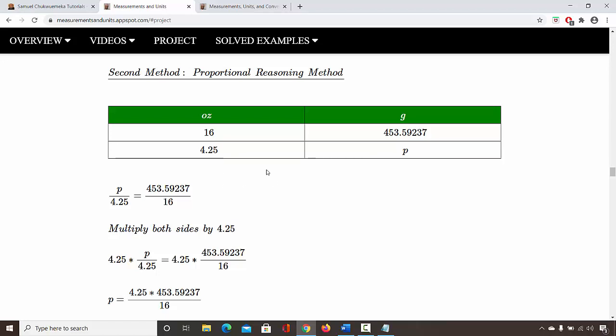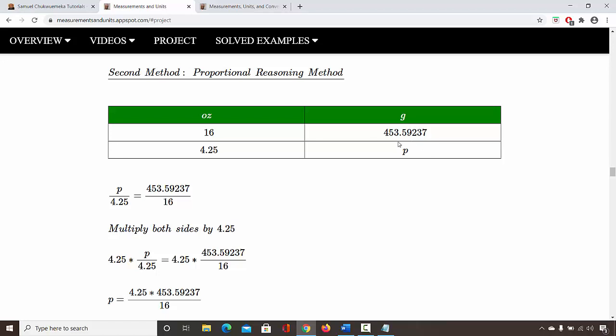We can say 4.25 over P equal to 16 over 453.59237. We can say 4.25 over 16 equal to P over 453.59237.